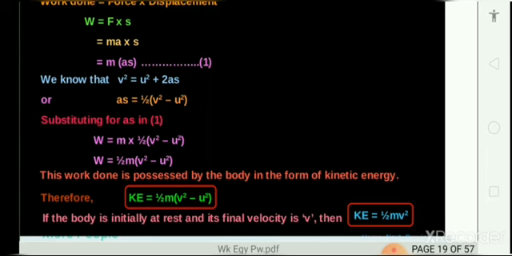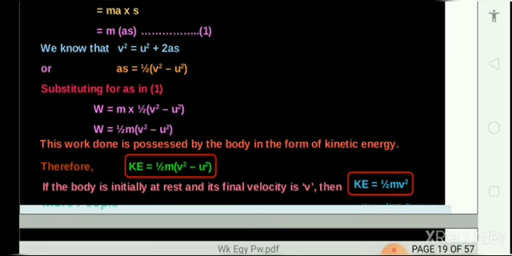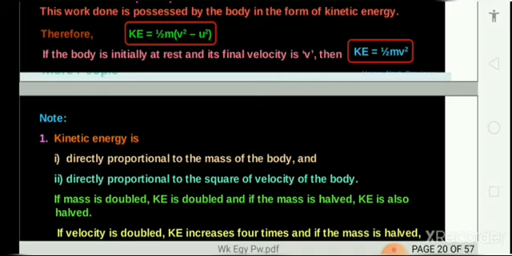Thus you can write W equals KE equals half m into v square minus u square. But initially you consider u as 0, so the body is initially at rest and the final velocity is v. Then you will write K equals half m v square.